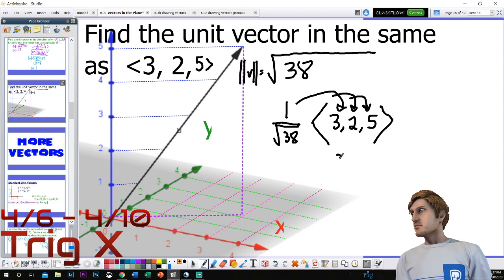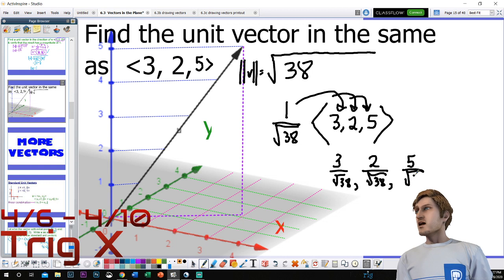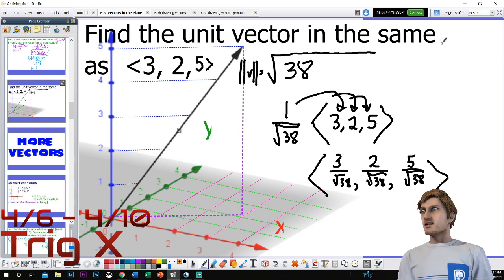So I have 3 over square root of 38, 2 over square root of 38, and 5 over square root of 38. That is my unit vector. Unfortunately for us, this didn't tell us that we had to prove it, but if you want to, you could go ahead and find the magnitude of that just in the same way as we found the magnitude of 3, 2, 5 equaling the square root of 38.